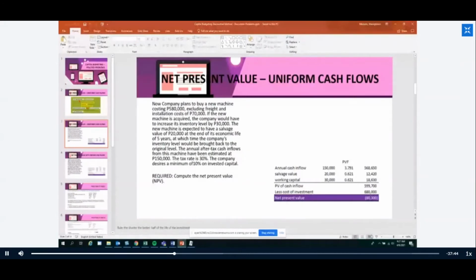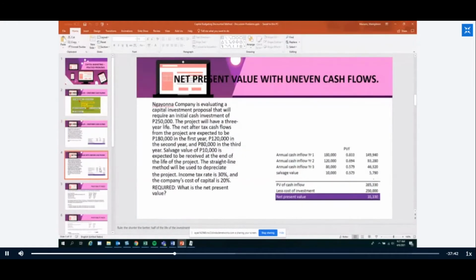Sige. Problem number 2. Ito na, uneven cash flow, no? Ngayon na, company is evaluating a capital investment proposal that will require an initial cash investment of 250,000. The project will have a 3-year life.